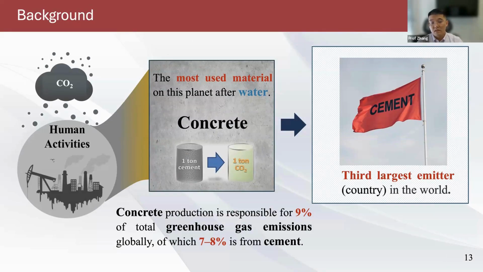This ratio depends on the efficiency of the cement making plant, ranging between 0.6 and 1.2. So 1 ton of cement will release between 0.6 tons and 1.2 tons of CO2. If we consider concrete, the single material, as a country, it would become the third largest emitter in the world, trailing only behind the US and China.